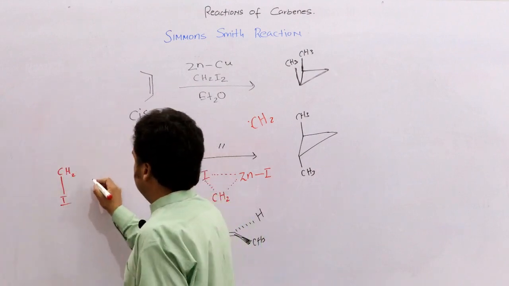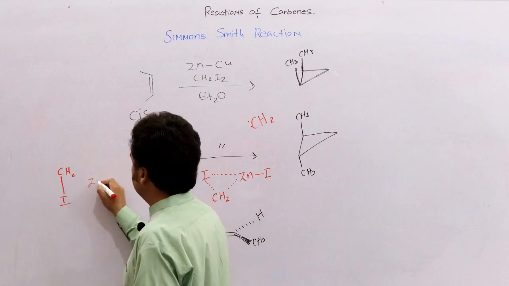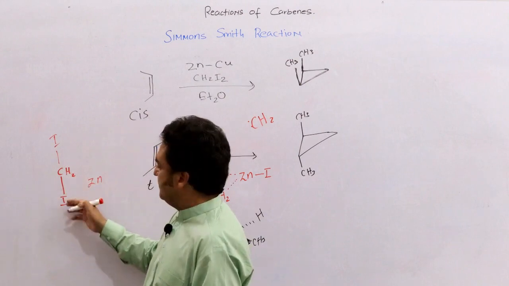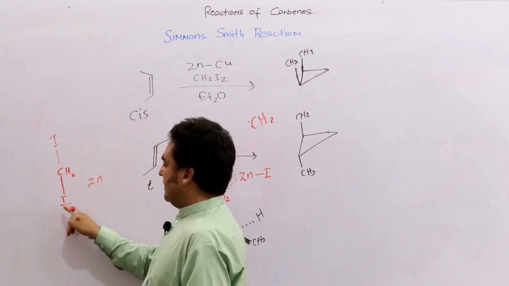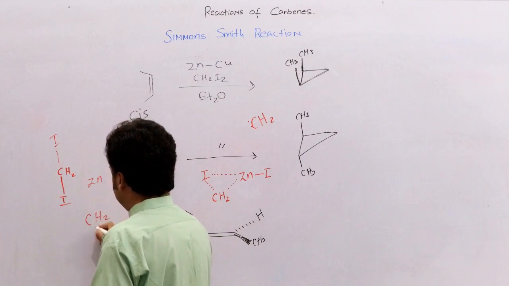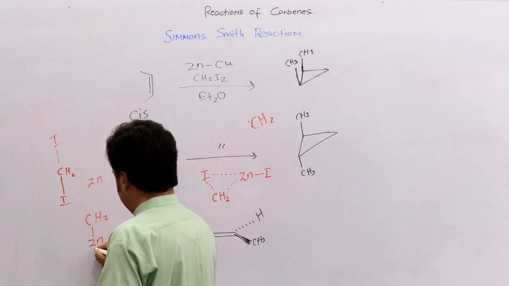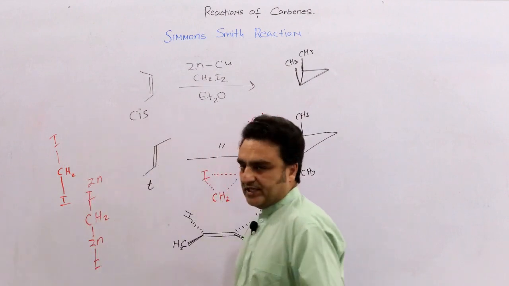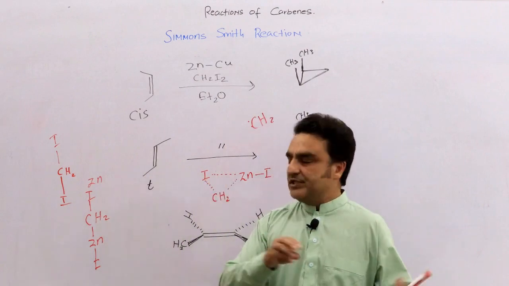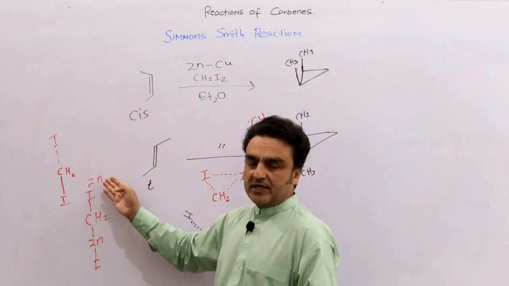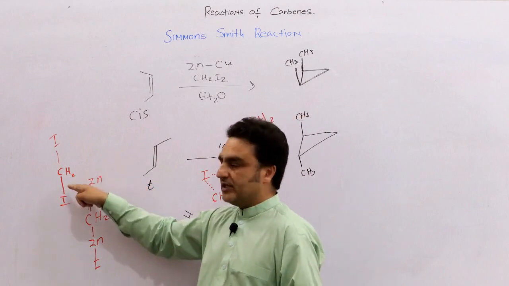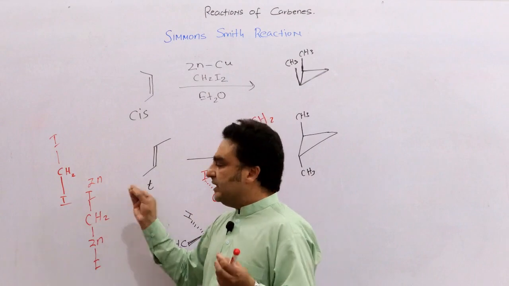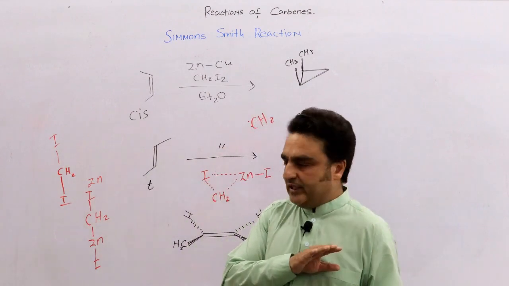Let me briefly say how this may be produced. This is one iodine, this is another. This zinc inserts in between the CH2 and iodine bond, and it gives this zinc species with this iodine and another iodine. It's just for you to understand. The zinc metal inserts into this weak bond because it's a metal and it is rich in electrons, so it provides electrons to the sigma star of the C-iodine bond and gets itself inserted into it.